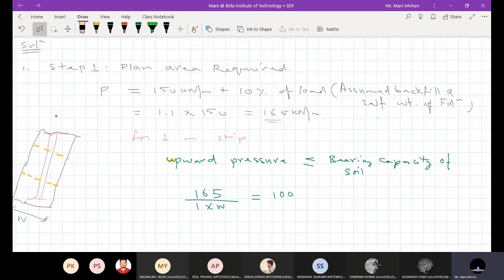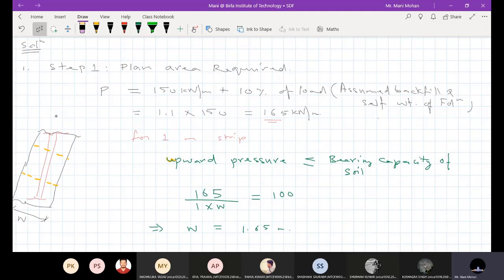Now from here, I get width equal to 1.65. So if I provide width greater than 1.65 meter, my upward pressure will always be less than or equal to the bearing capacity of the soil. This is the minimum width which is required to get the upward bearing pressure as 100 Newton per meter.